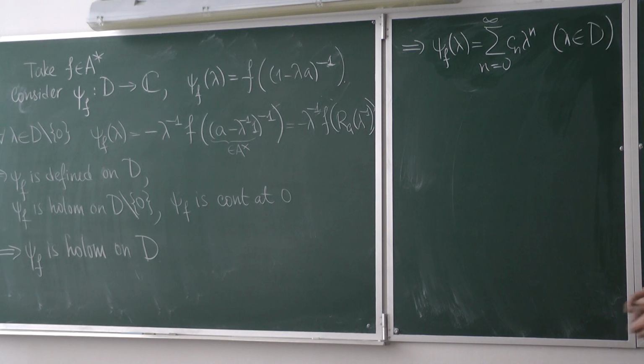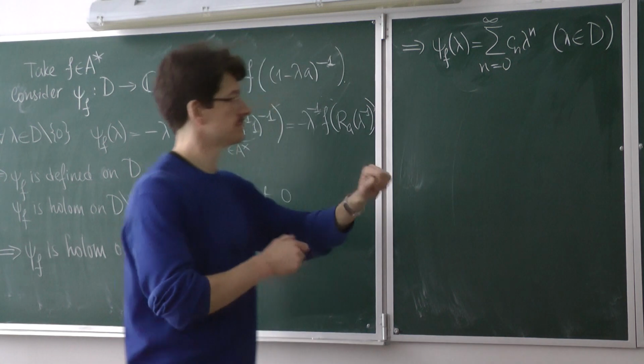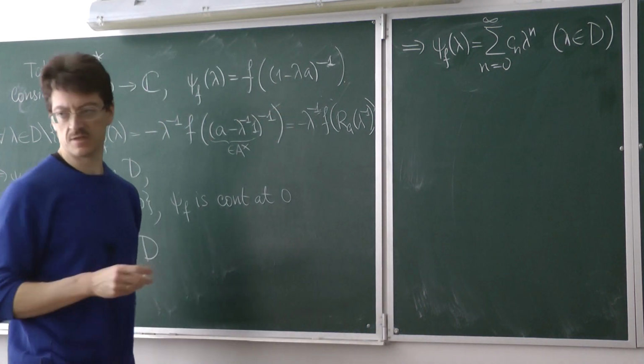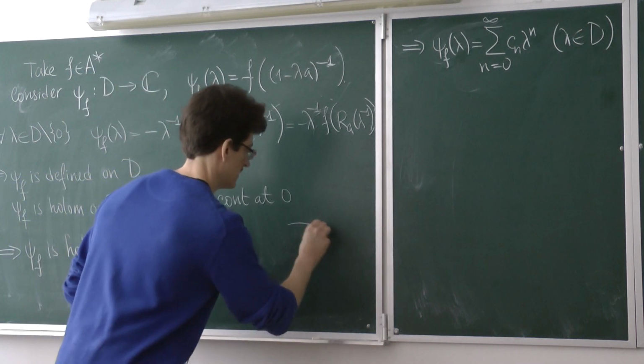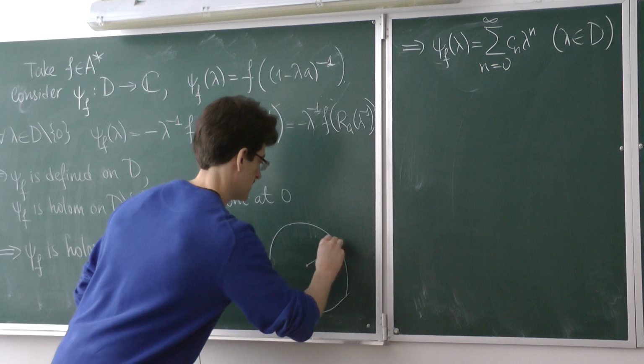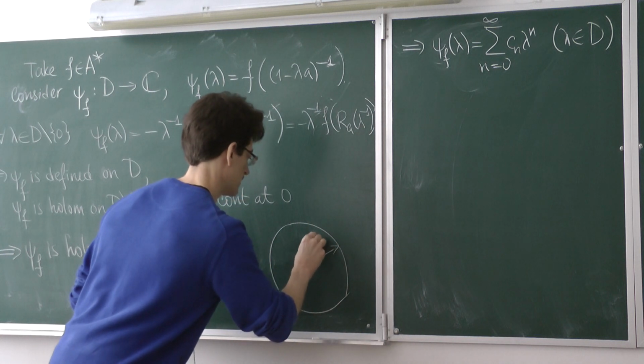Let's now calculate the Taylor coefficients, Cn. To calculate the Taylor coefficients, we consider a smaller disk. So this is our initial disk of radius 1 over R(A).